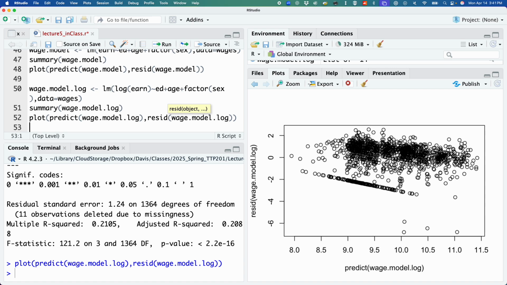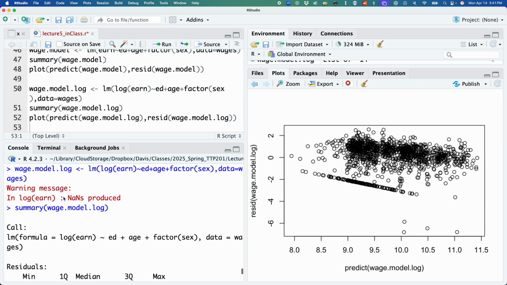When I tried to do the log variant, I got errors produced. Yep. So what's the log of 0? Yeah, non-existent. So what the regression does is it doesn't know how to deal with this, and so it just drops those points. Yeah, exactly.